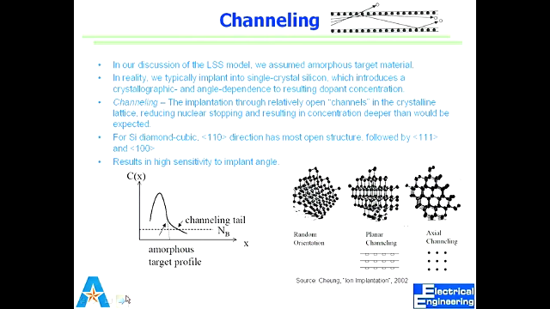Okay, channeling. In the LSS model, what we defined was a very well-defined target material. It was amorphous, with randomly placed atoms that would result in collisions. But what we actually get is silicon which has order, with empty spaces in between.